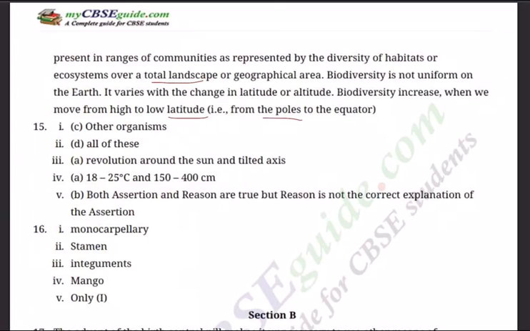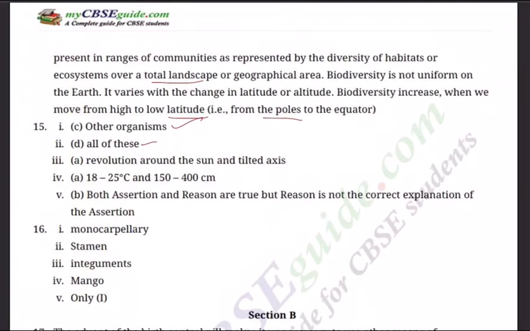There's a diagram. Now the question is: which of the following is not a part of an organism's physical environment? Now the answer is C, other organisms. Second: the variations together with annual variation in precipitation account for the formation of major biomes. The answer is all of these, that is temperature, precipitation, incident solar radiation.